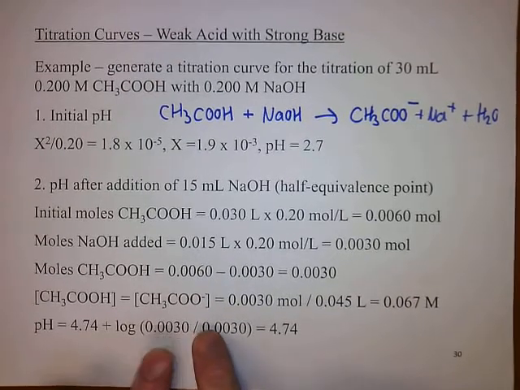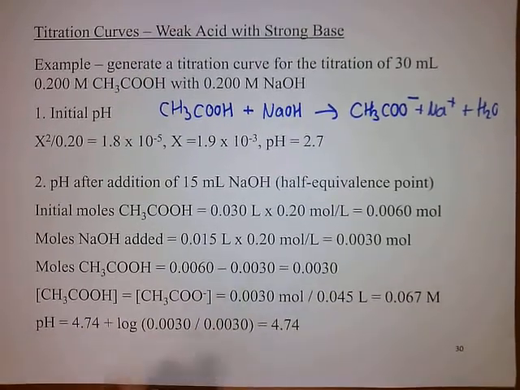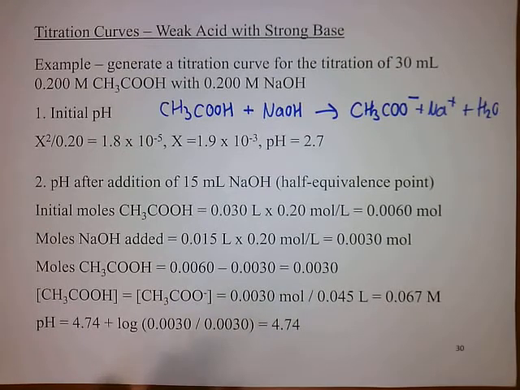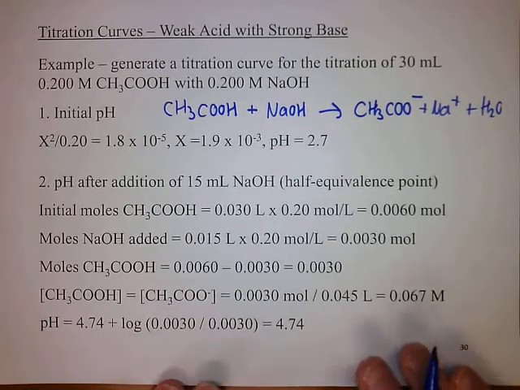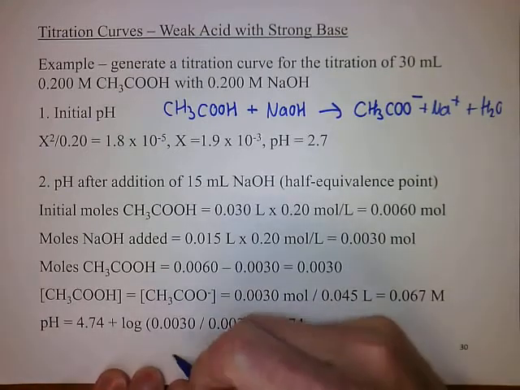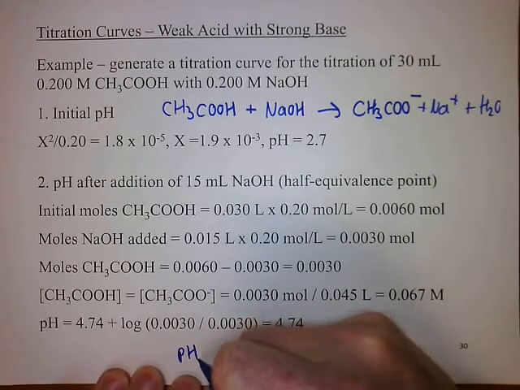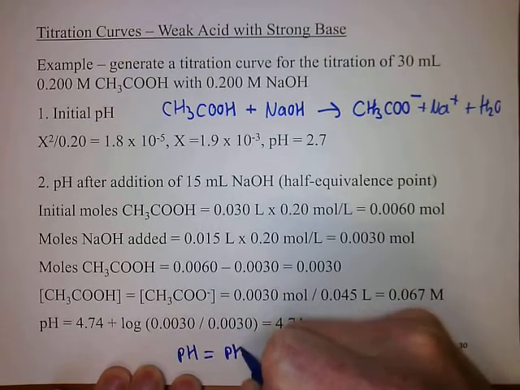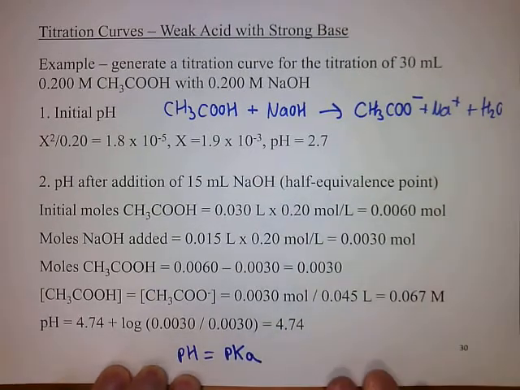Okay, 0.0030 divided by 0.0030 is 1. And the log of 1 is 0. So basically then the pH comes out to be 4.74. Or we could say at the half equivalence point, the pH is equal to the pKa.